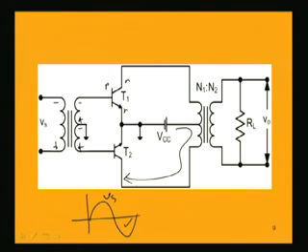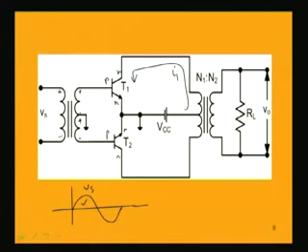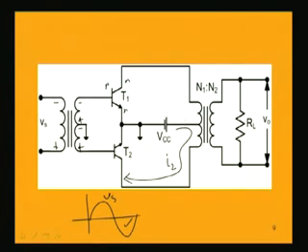So, through this transformer primary winding, we see that the direction of the current I1 and I2, this is I1, this is I2, earlier I1 was in this direction. So, one is this direction, one is the other direction, these two directions are opposite.